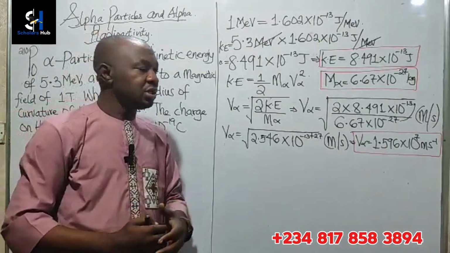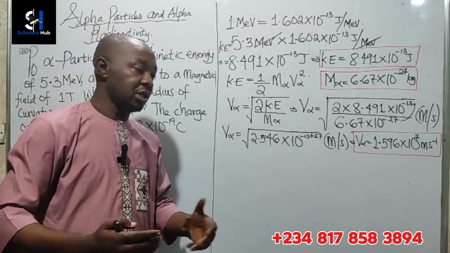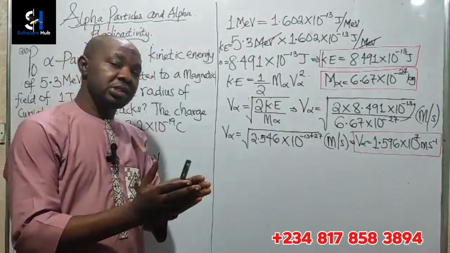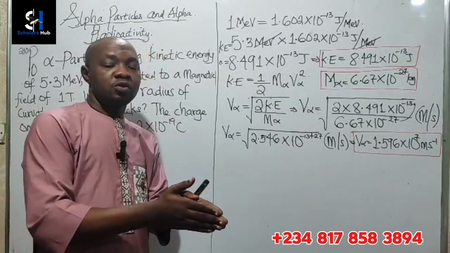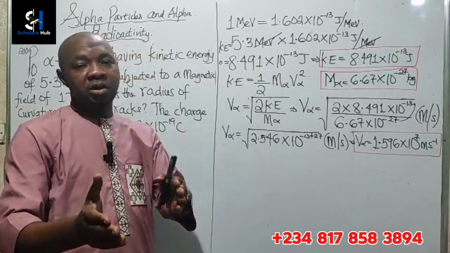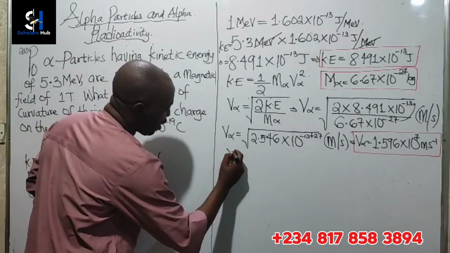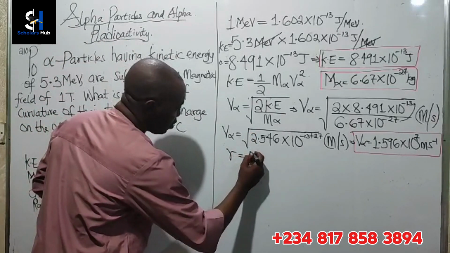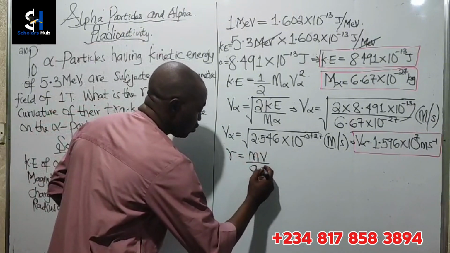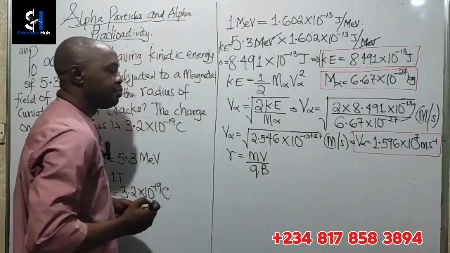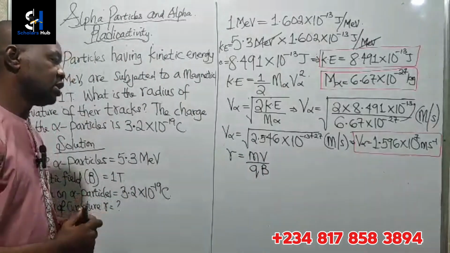Then the moving charge would experience a magnetic force. So when we equate the centripetal force and the magnetic force, we are going to obtain the formula for R to be equal to momentum divided by QB, where B is the magnetic flux density or the magnetic field intensity.